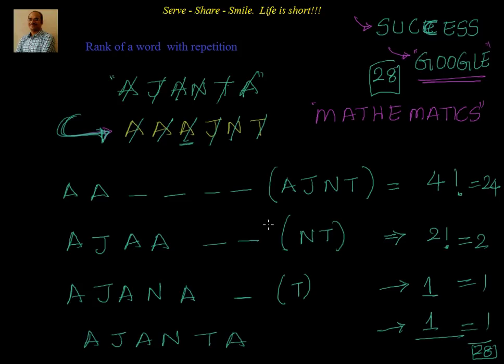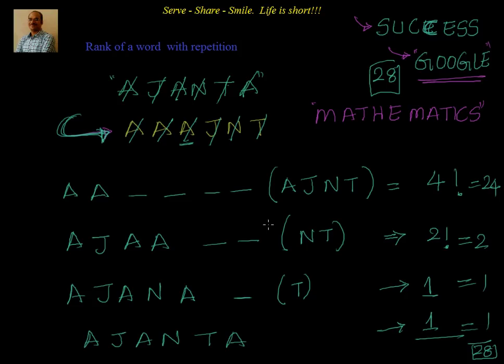So in this session what we understood is the basic difference between finding out the rank of a word with repetition or without repetition. Whenever some letters are repeating, when we want to find out how many arrangements we can do starting with a particular letter, you have to divide by how many times a particular letter is repeating.